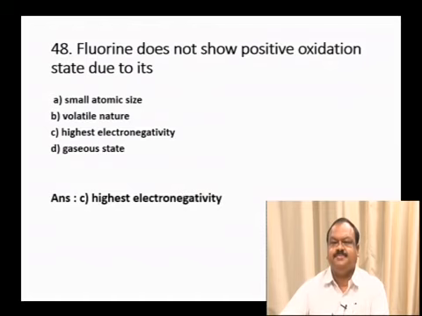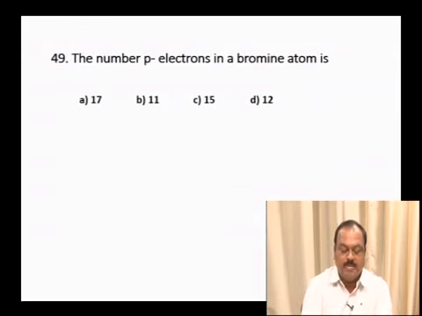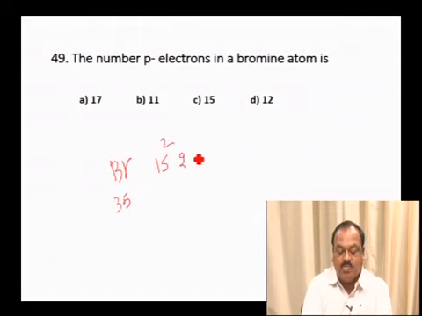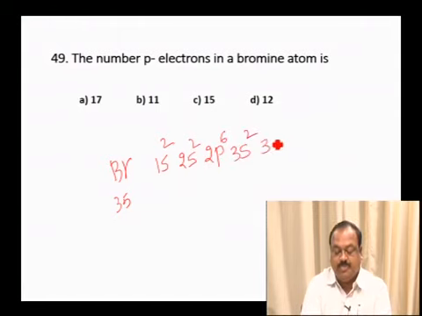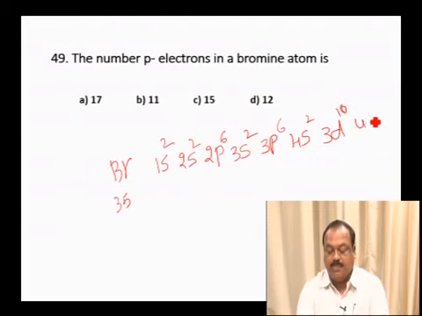Next, the number of p electrons in a bromine atom. Bromine's atomic number is 35. Its electronic configuration is 1s2, 2s2, 2p6, 3s2, 3p6, 4s2, 3d10, 4p5.